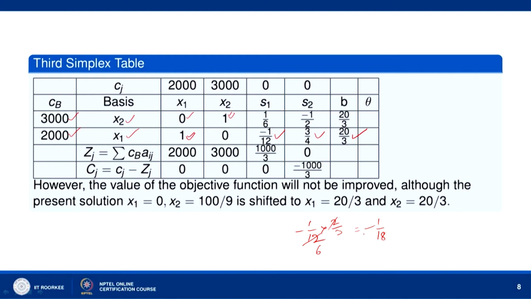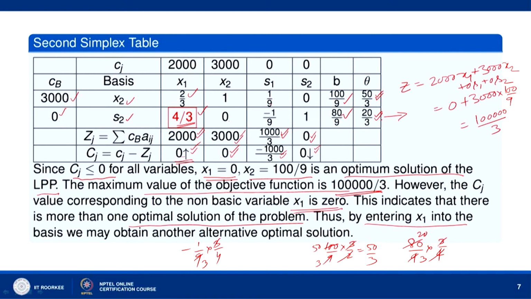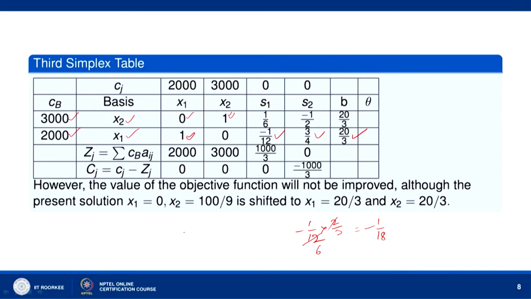Okay. So, what is that? 1 by 9 plus 1 by 18. This gives us 1 by 6. Okay. Similarly, this becomes minus half and this becomes 20 by 3.